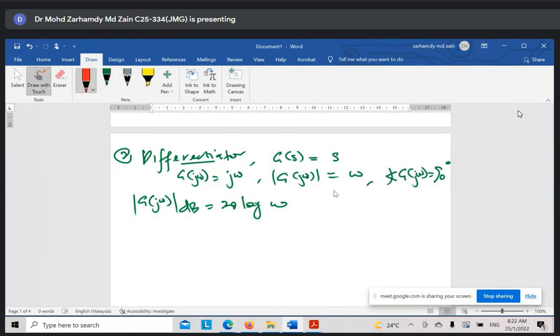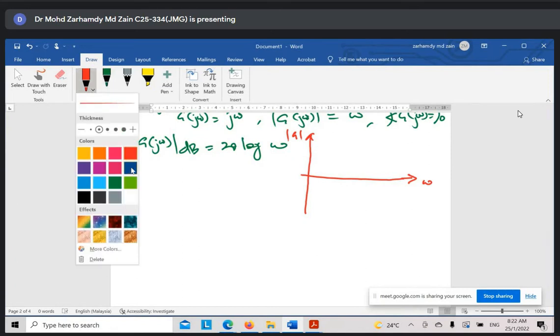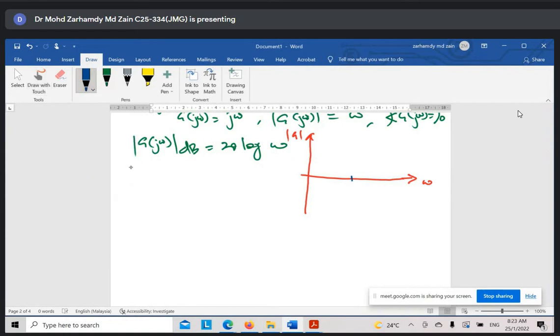Okay, differentiator. So one differentiator. Our concept of the semi-log on the Bode diagram: this is the axis of G, the x-axis represents omega frequency, and the line of the differentiator will cross at 1.